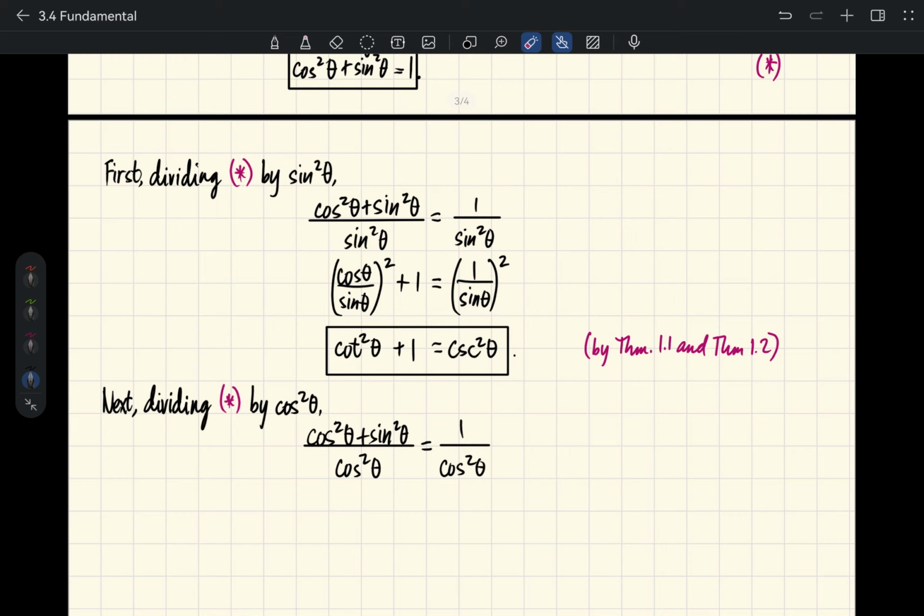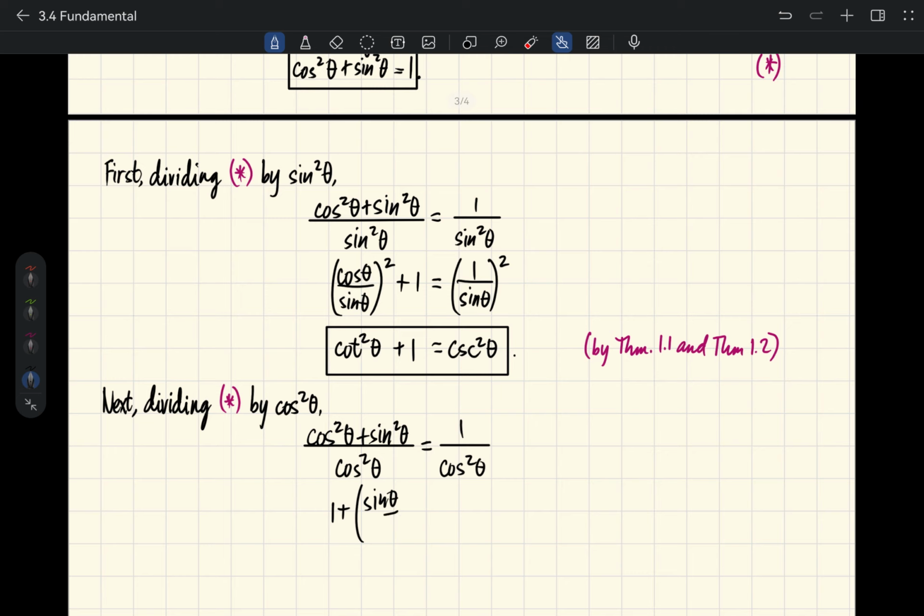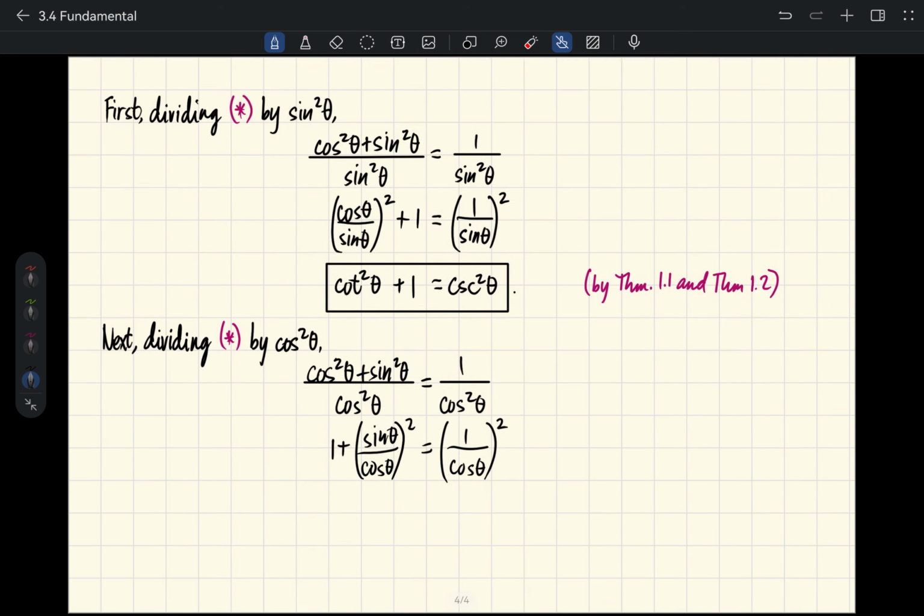Then similarly, we can do the same trick and split this one into two fractions. The first one will just become 1, and the second one becomes sine theta over cosine theta raised to 2. So we have 1 plus sine theta over cosine theta quantity raised to 2 equals, for the right side, 1 over cosine theta raised to 2. But what's this one and this one?